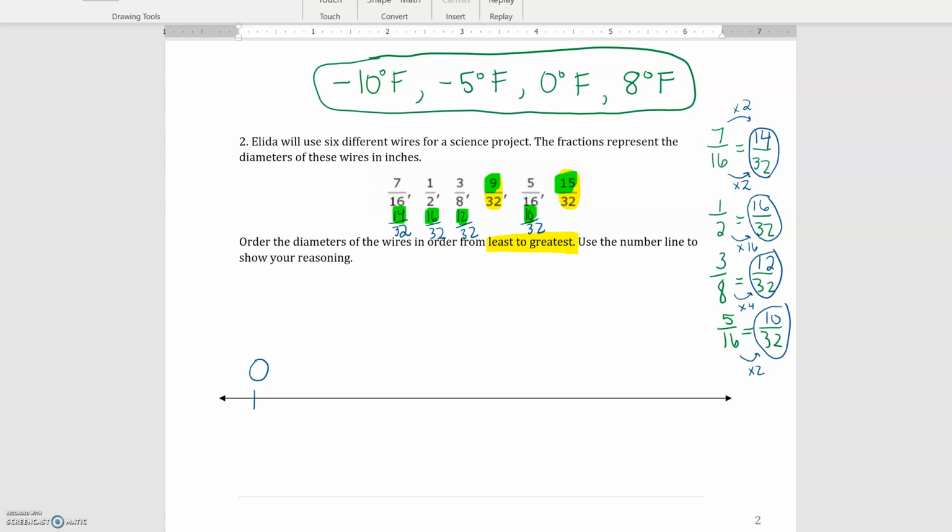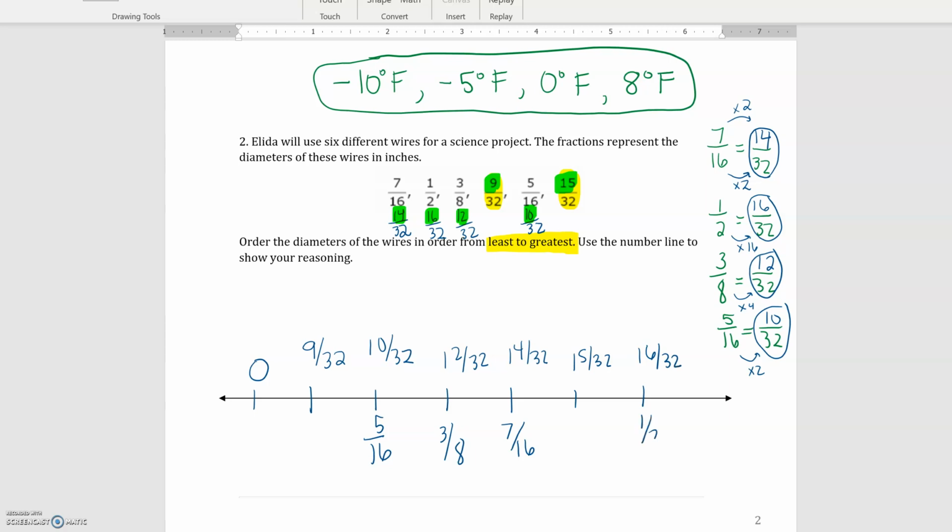So I see that I have first 9 over 32, then I have 10 over 32, which is the same as 5 over 16, then I have 12 over 32, same as 3 over 8, then I have 14 over 32, same as 7/16. Then I have the 15 over 32, and then the 16 over 32, same as 1/2.